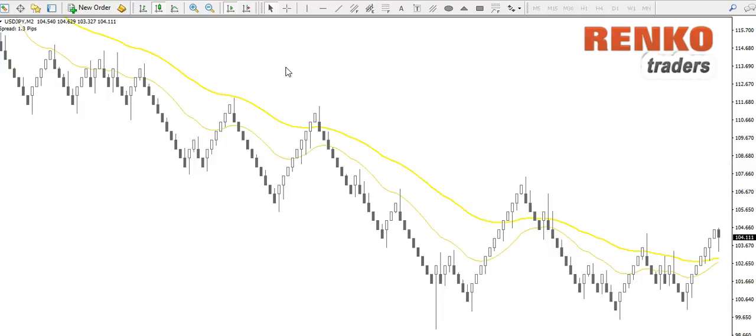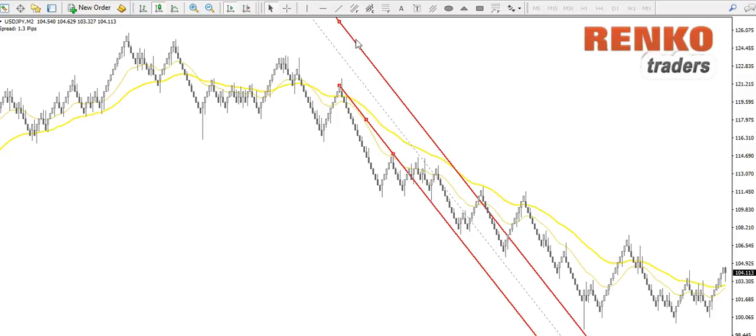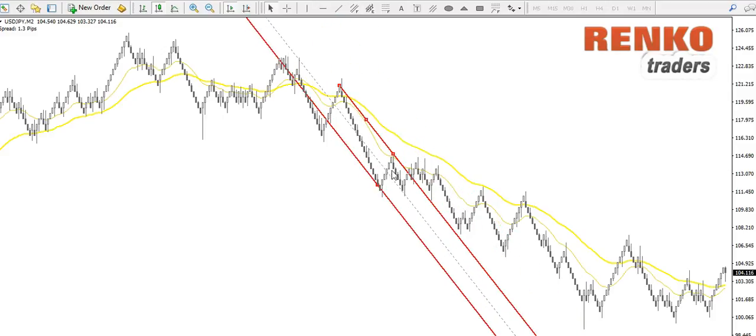Let's look at dollar yen. Now this is a good example because you can see here that prices have been in a very long downtrend, and the question may be, how do you trade such kind of setup? Well, first of all, when you're trading, you really wouldn't know how long the trend would continue. So all you would be doing is focusing on the little retracements that do occur.